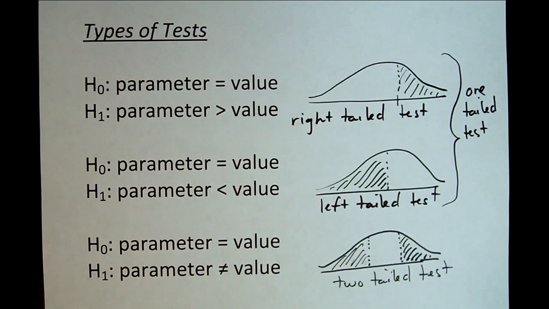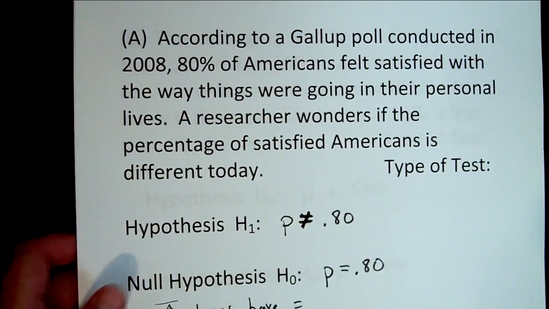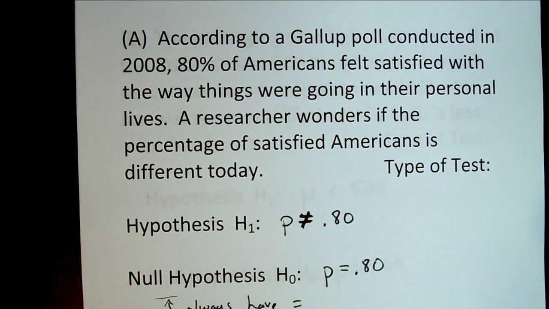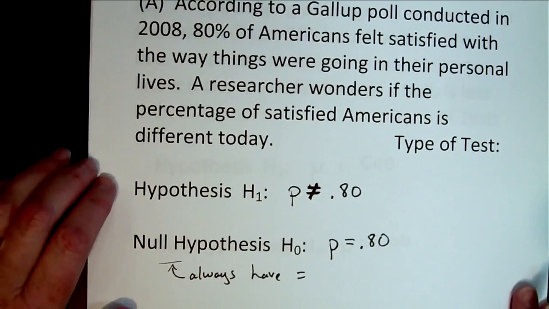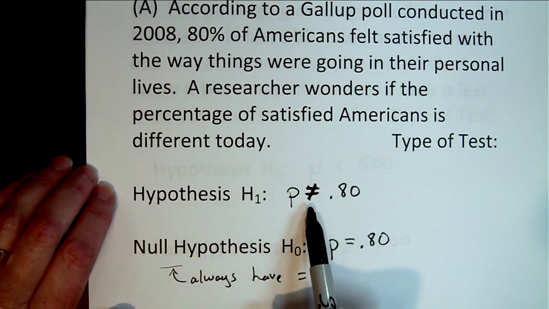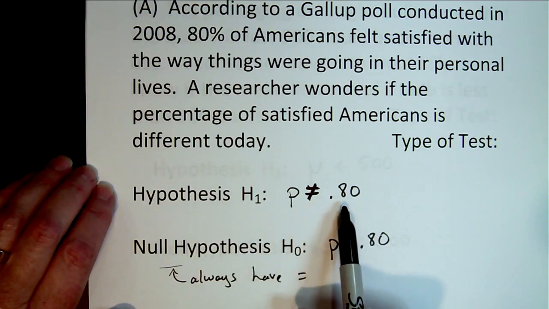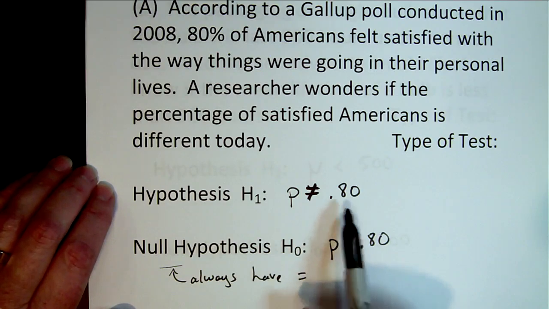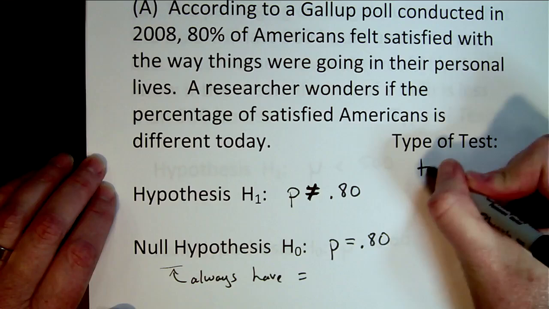Okay, so let's go back to our three examples of hypotheses and fill in the type of test. In the first one, the alternate hypothesis was the statement that the proportion was not equal to something. So that's a two-tailed test.